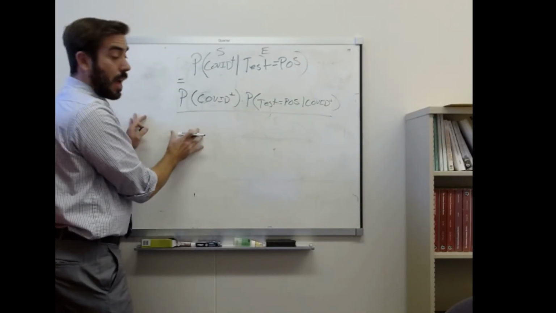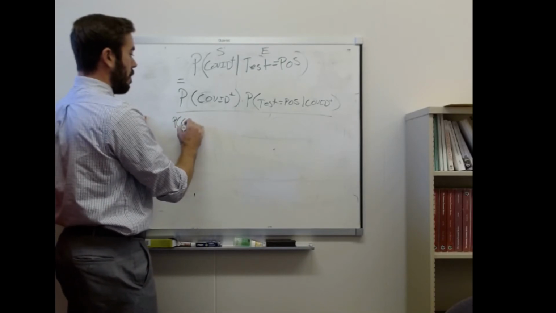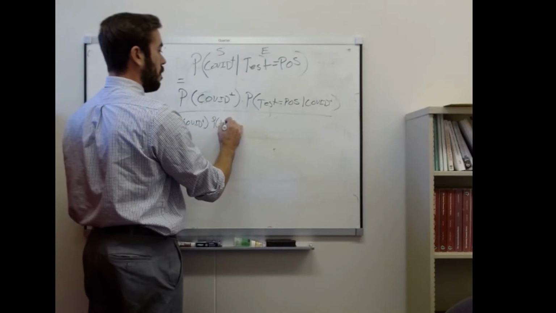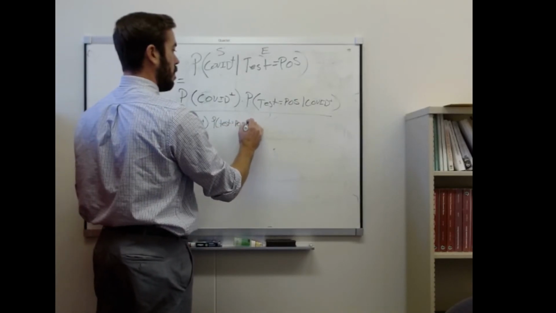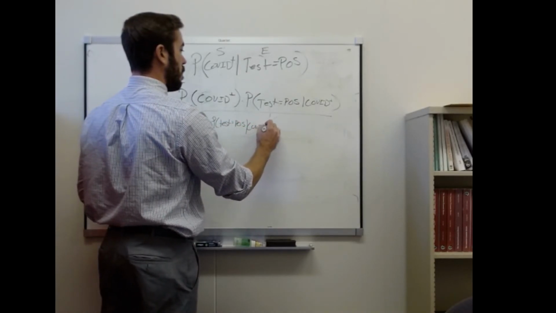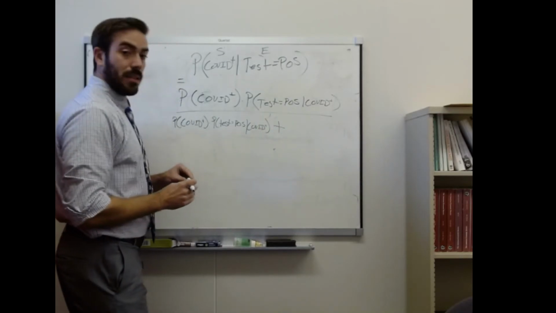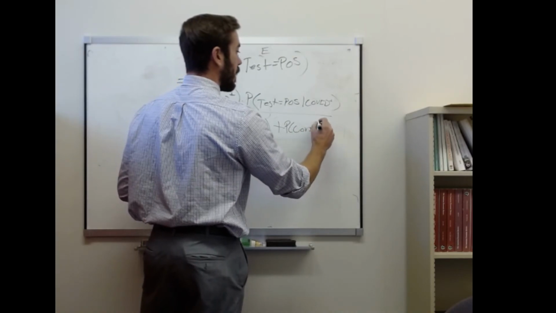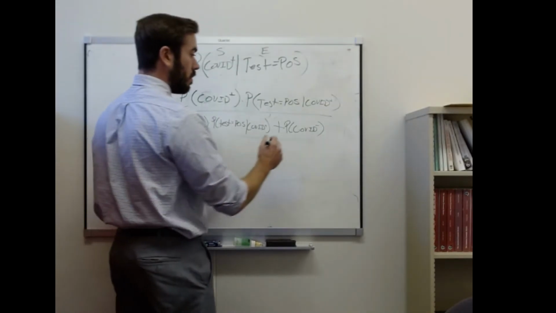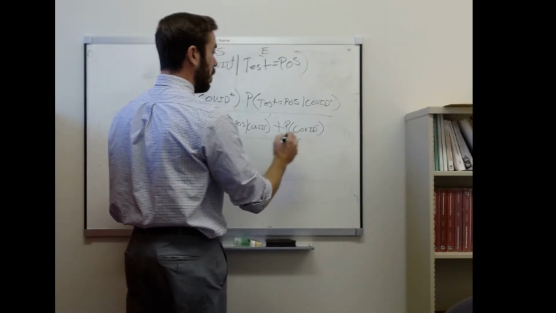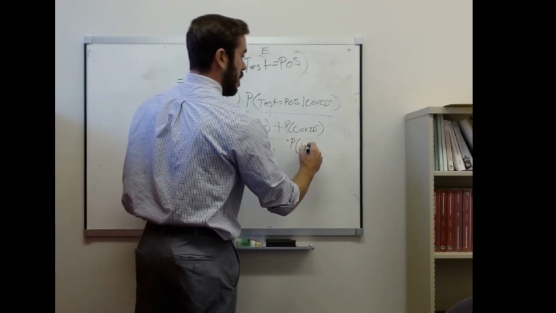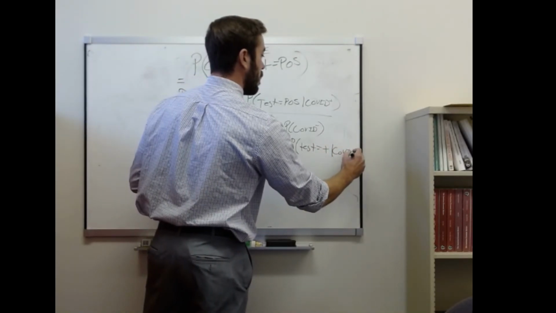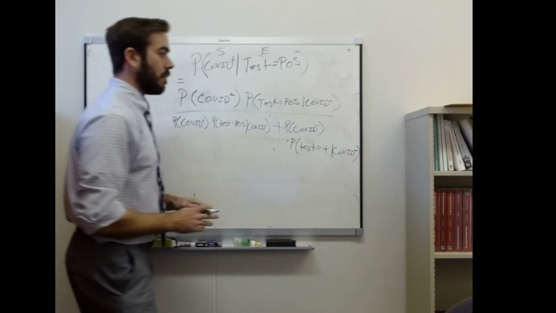Now the first part of our denominator is the exact same thing, so I might write this a little bit smaller, just so I leave myself some room. Then you'll add to that the probability of the second state of nature, that they're COVID negative, times the probability of the outcome of the test we're interested in, given that second state of nature.